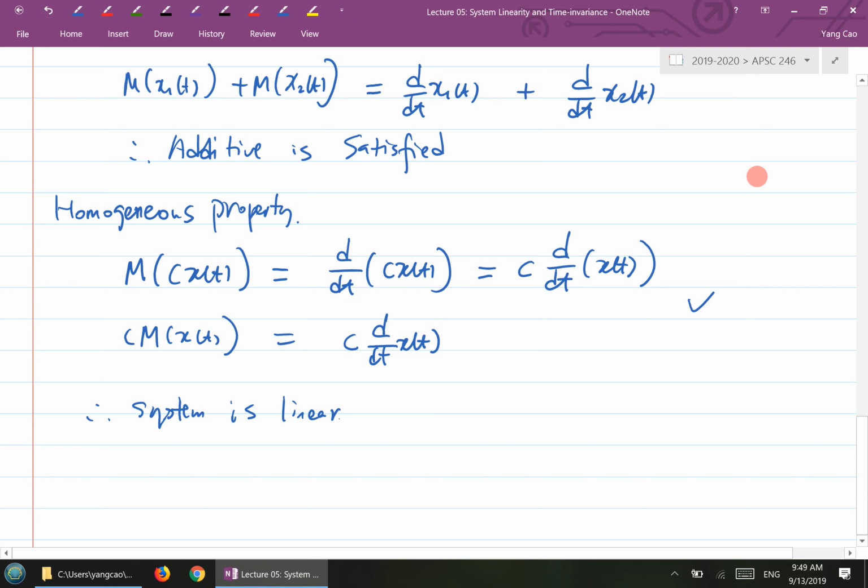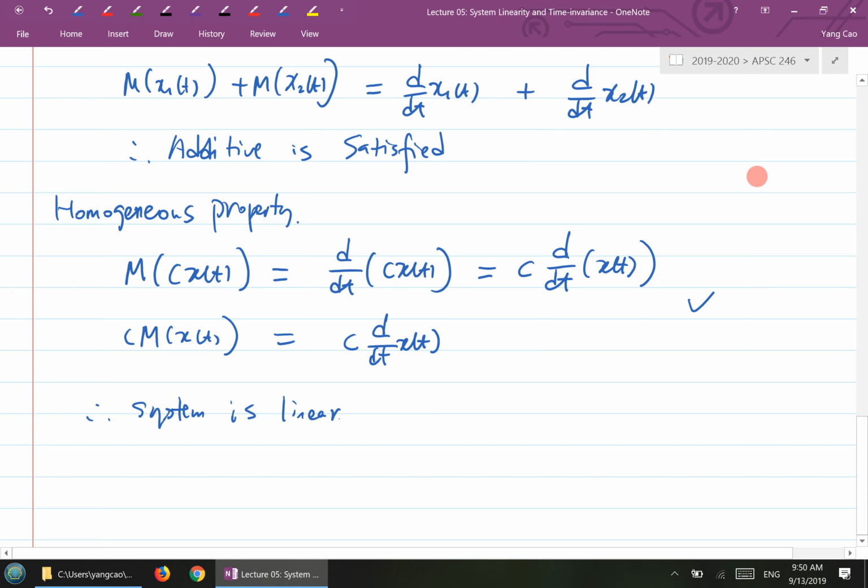So in my lecture notes, I have a couple more examples to check whether a differential equation is a linear system or not. I'm going to keep that until we touch the differential equation. If you recall at the first lecture, I said one big part of the course is about learning differential equations, which is used to derive the dynamics of the system.